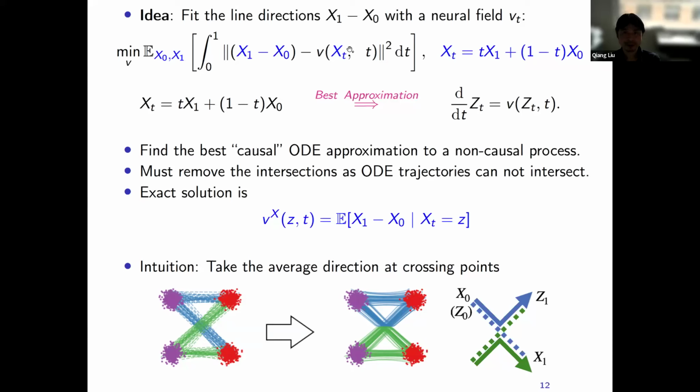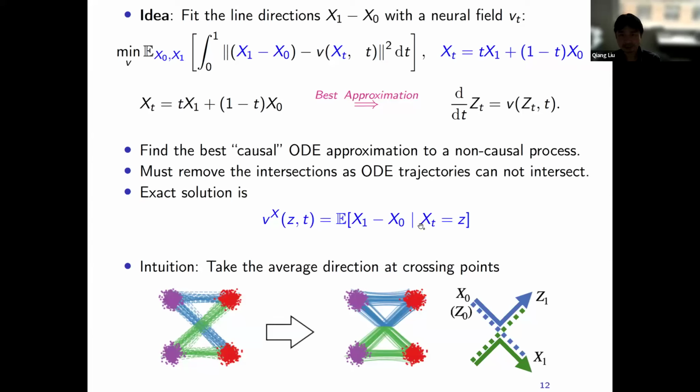If we solve this problem, we will actually get a differential equation. In fact, if you assume that the optimization is solved exactly over the set of all possible velocities, then the optimal solution is exactly the conditional expectation.